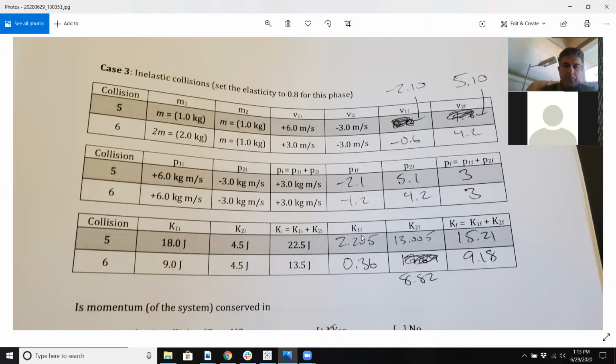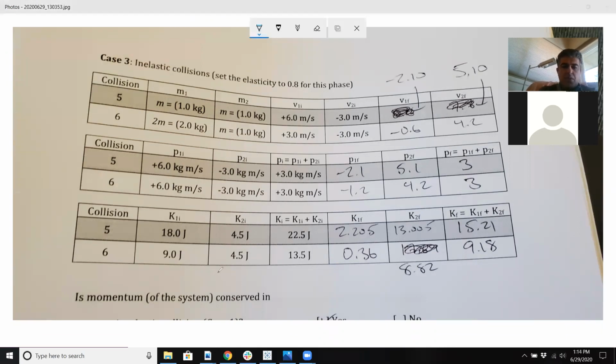And if I do calculate the ratios between the new kinetic energy divided by the initial, let's see here. So you get 0.676.